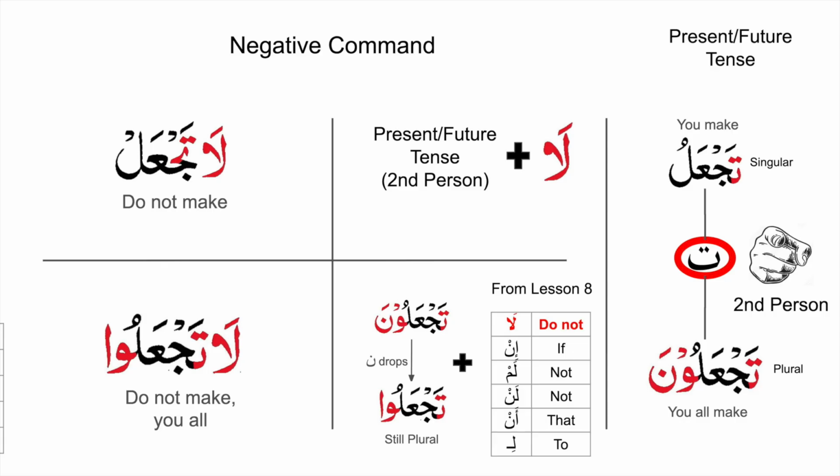So the main takeaway from this slide is simple. Negative command equals la plus second person present/future tense. That is why the negative command is the easiest command pattern to recognize. If you would like a moment to look these over, click pause now and continue when you are ready.